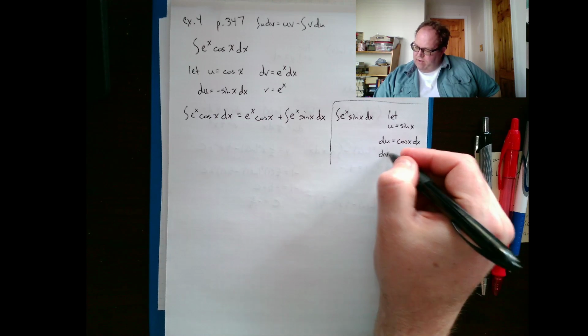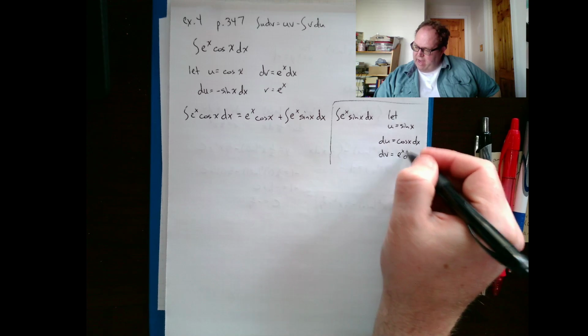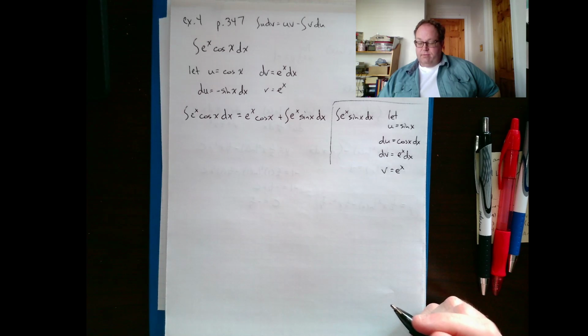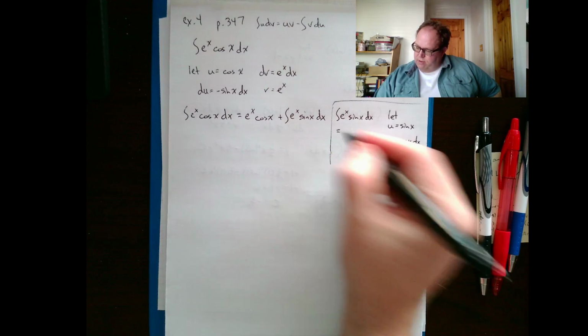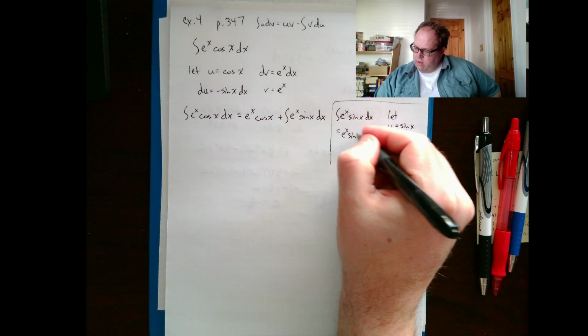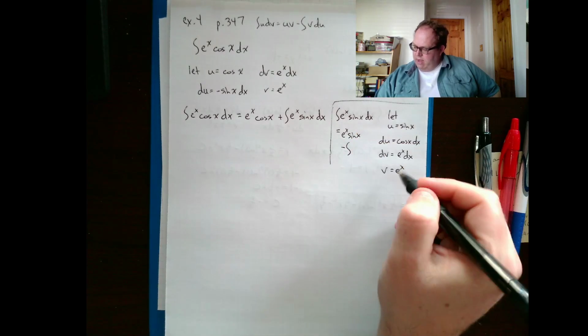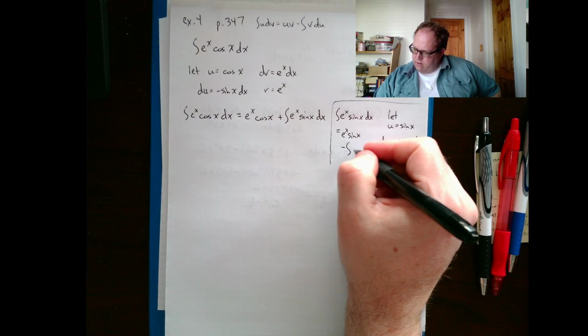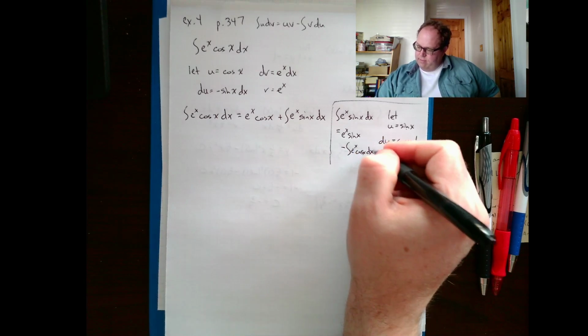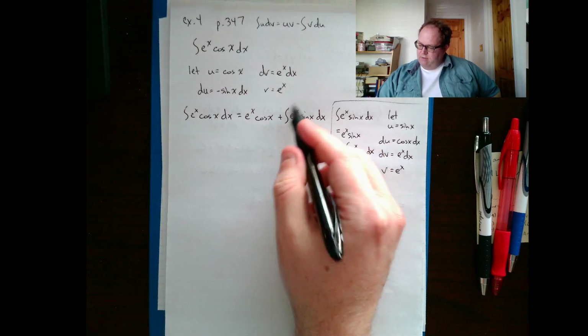And I'm going to let dv be e to the x dx, which means v will just be e to the x. Churning through the parts on this, I would have u times v minus the integral of v du, or e to the x cos x dx. And I'm going to put this in for my integral here.